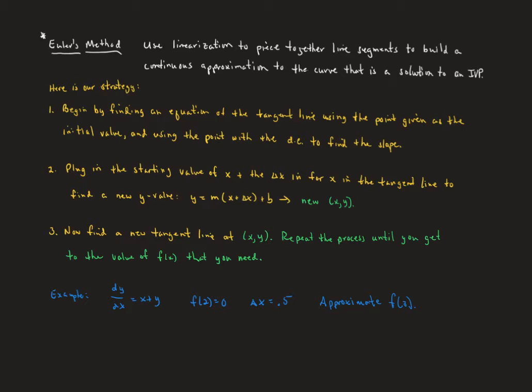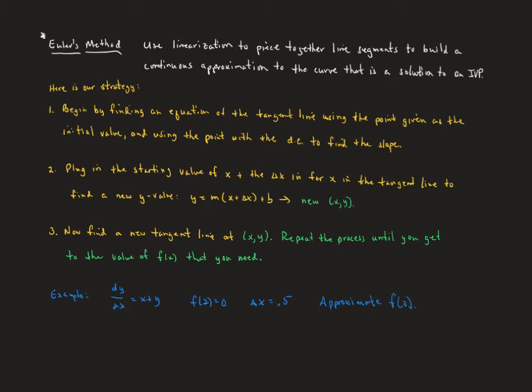We're going to begin by finding an equation of a tangent line using the point that was given to us as the initial value. So there's our point. And then we'll use that value of x and y if we need it in the differential equation to then figure out what the slope is. Then once we know the slope and the point, we can get an equation of the tangent line.